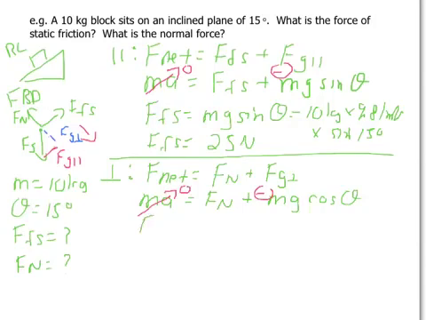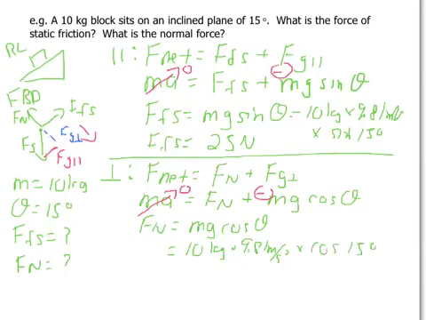So then Fn is mg cos theta, which is 10 kilograms times 9.81 meters per second squared times the cos of 15 degrees. All of that is equal to 95 newtons.